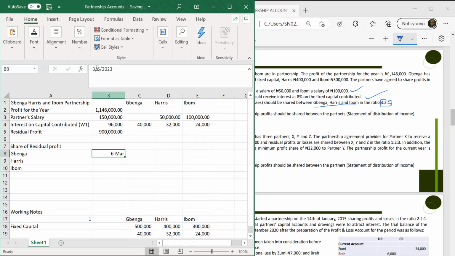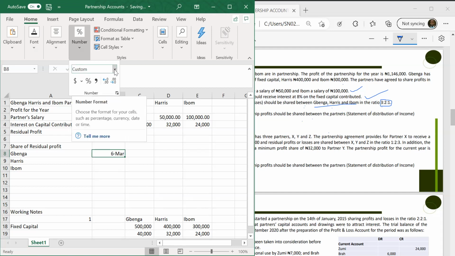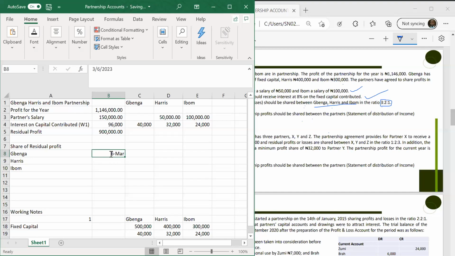Oh, it's showing dates. I need it to not show anything. So I do this. Okay. So 3 divided by 6, right? This one will be 2 divided by 6.